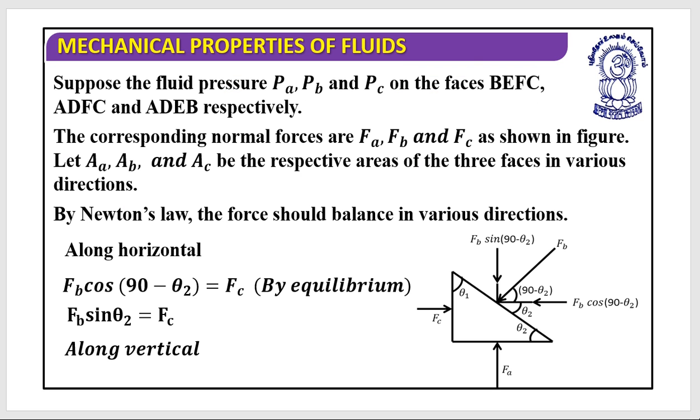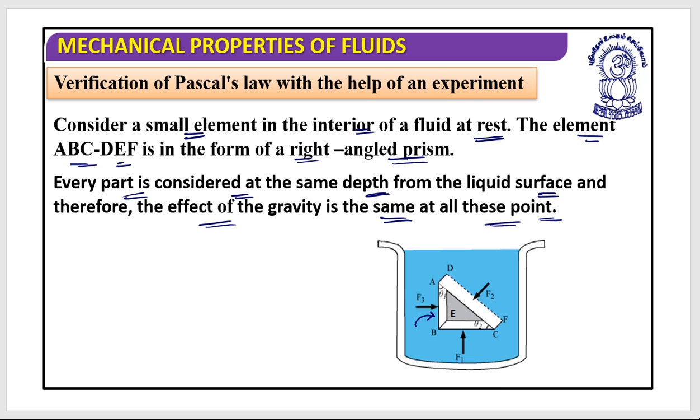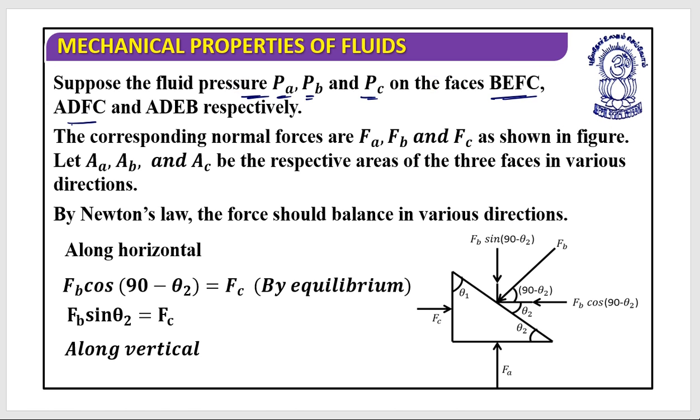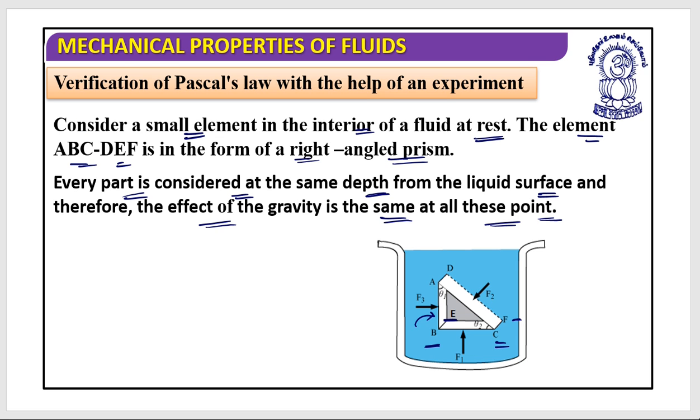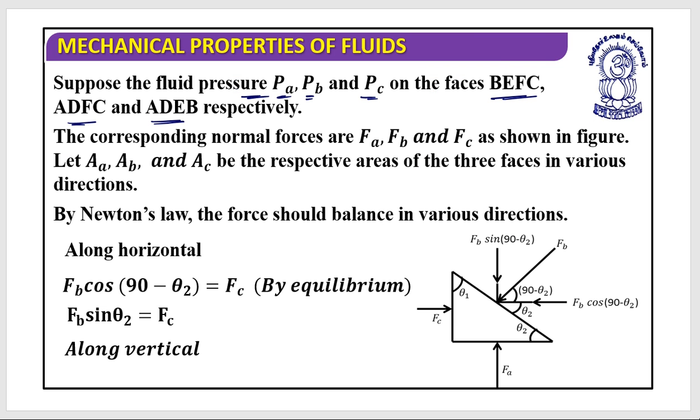Suppose the fluid pressures PA, PB and PC are acting on the faces BEFC, ADFC and ADEB. These are the different faces, so three pressures are applied: PA, PB and PC.